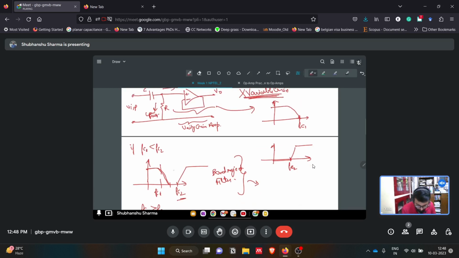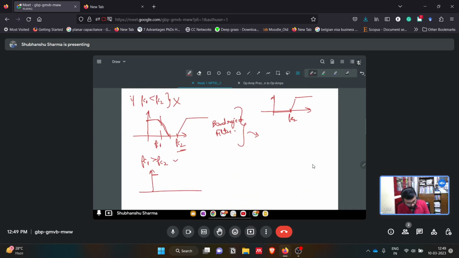We are using this op amp for high frequencies which are higher than FC1. The gain for frequencies above FC1 will not be amplified, so the gain will be less than 1. We cannot use this op amp in this configuration.